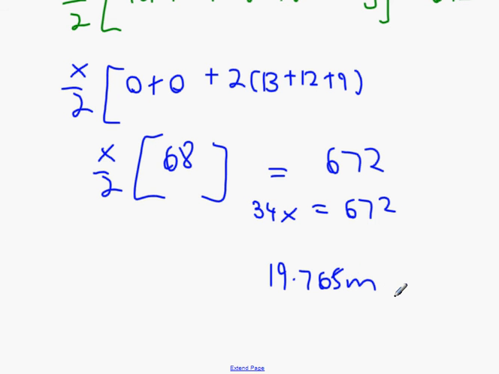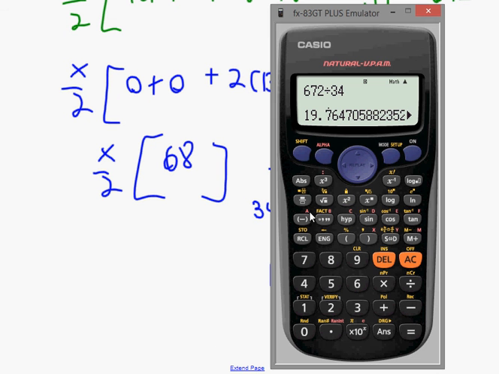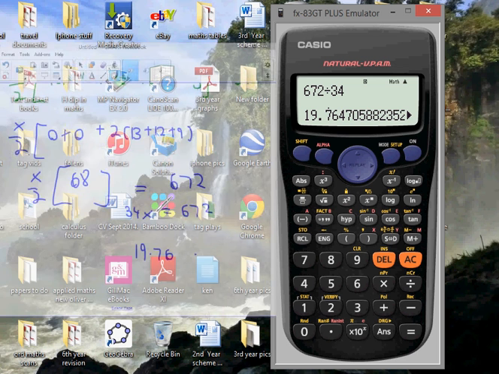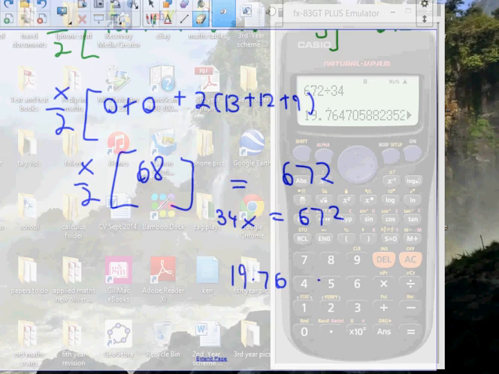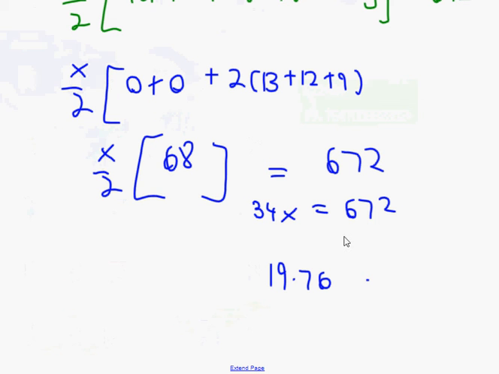Okay, so Connor was right about that. It is the nearest centimeter, so we might need to go one more decimal. 19.7647. Okay, lads, remember what we told you about meters?